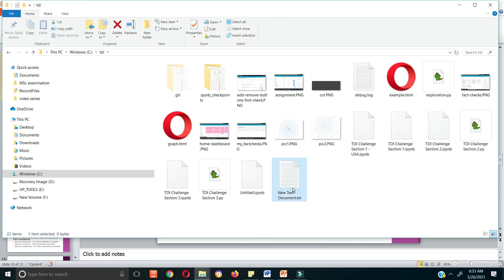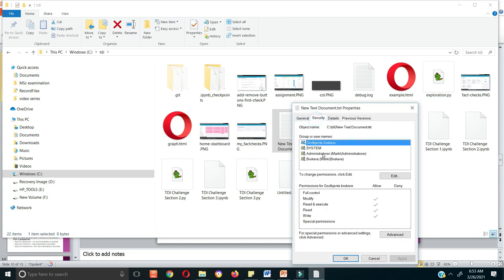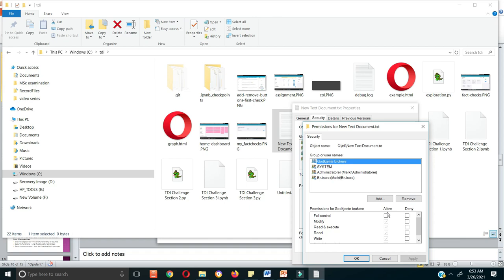If I create a new text document, I can go over here to the security tab and determine, for instance, what privileges the system has, what privileges this user has, and what privileges the administrator has. I can edit these privileges and revoke some of them. Here I revoke, though I don't know if this will actually work because I'm revoking for myself. Afterwards I can apply. These are what we refer to as discretionary security controls.